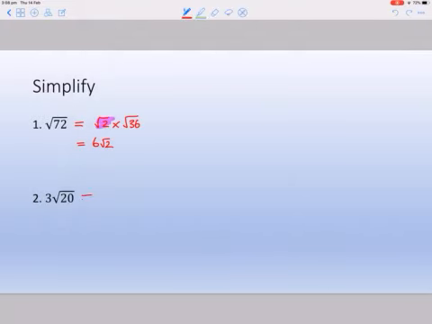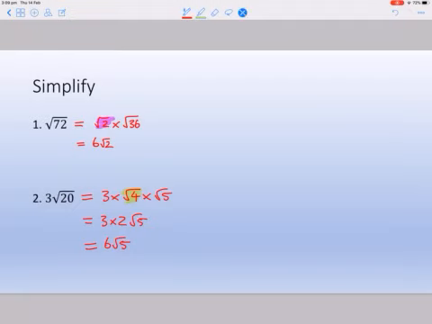So I'm going to go equals 3 times root 4 times root 5, because 4 times 5 equals 20. I know the answer to root 4. The square root of 4 is just 2. So then we just go 3 times 2 root 5, and that equals 6 root 5. So this is just simplifying surds.